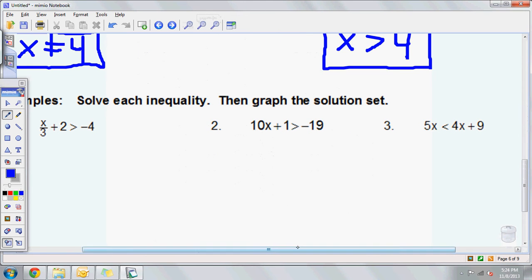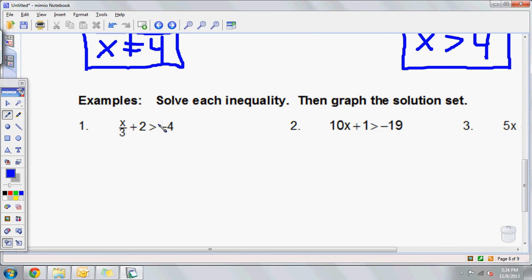So for the first one here, you can draw your line if you'd like to, but remember we want to get this x all by itself. In order to do that, we're going to do the opposite, starting with that 2. So we're going to subtract 2 on both sides. So we have x over 3 is greater than negative 6.